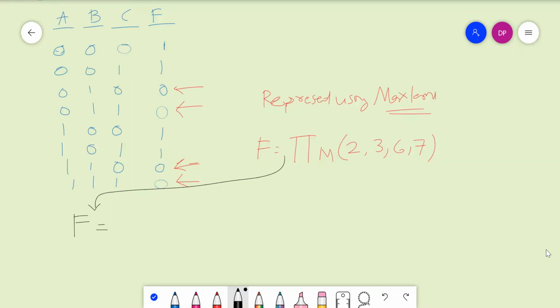You can write this as A plus B bar plus C. Then A plus B plus C, then A plus B bar plus C bar. Okay, now let me ask someone. A bar plus B plus C bar. Yeah, yeah.